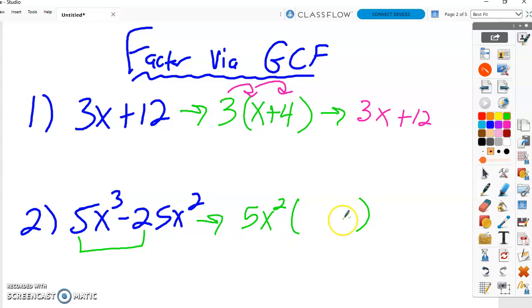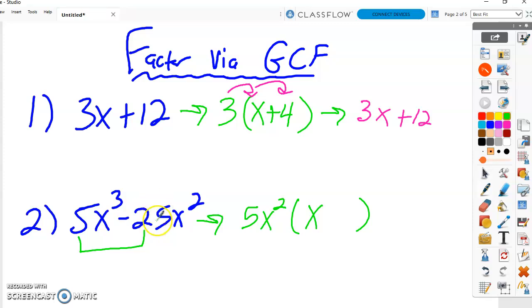Okay, so now we're going to open up a quantity, a set of parentheses, to figure out what's left. Well, if we divide 5 out of here, there would be a 1 left. And if we take an x squared out of here, there would still be an x left. So technically 1x is what we would have left. And again, if we multiply these two pieces back together, we would get back to 5x cubed.